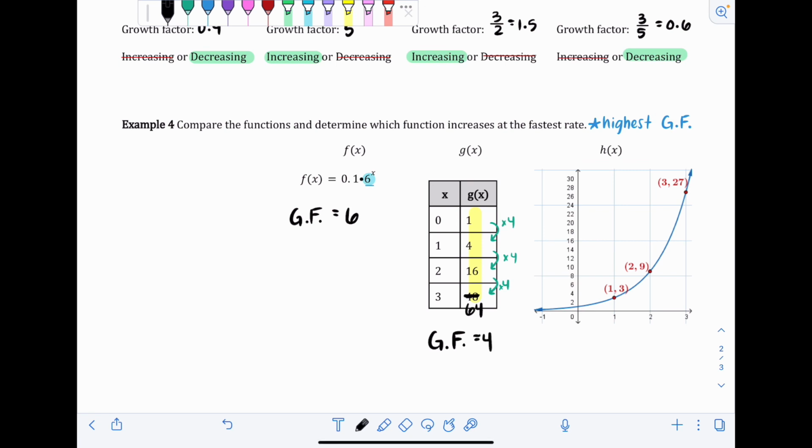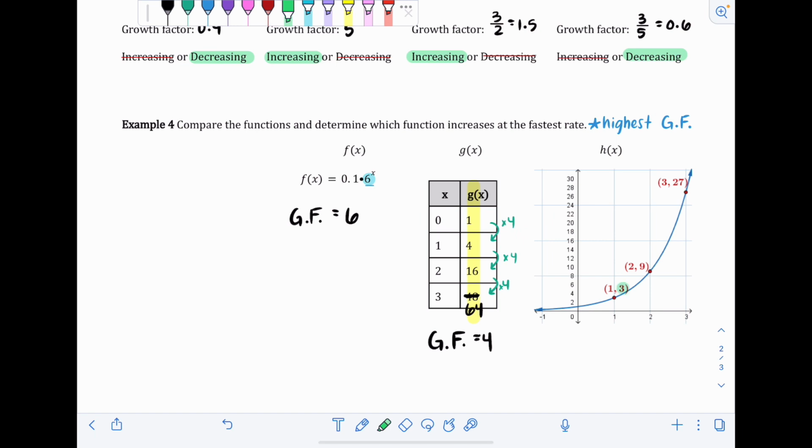So far f of x is winning. And then this one with the graph, we haven't really shown the growth factor yet. In order to find the growth factor from the graph, we have to look at how the y values are changing. Remember, if we're looking at a table, all the numbers on this side are basically the equivalent of all the y values on a graph. So we'll focus on the y values.